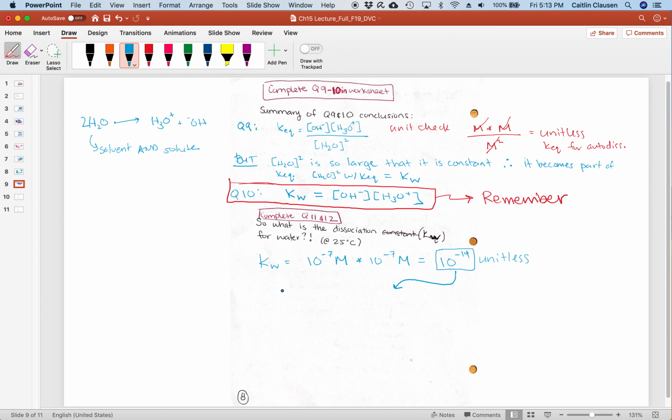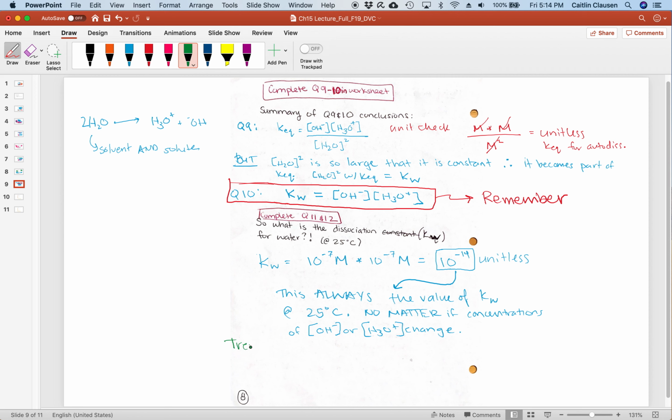No matter if the concentrations of OH minus or H3O plus change. So we could look at some trends.